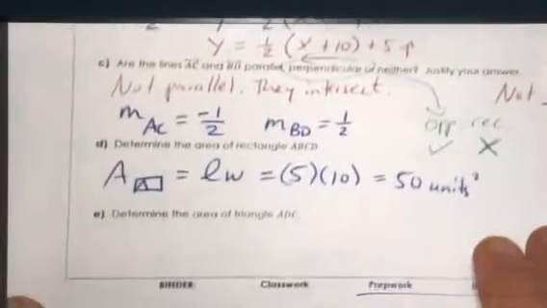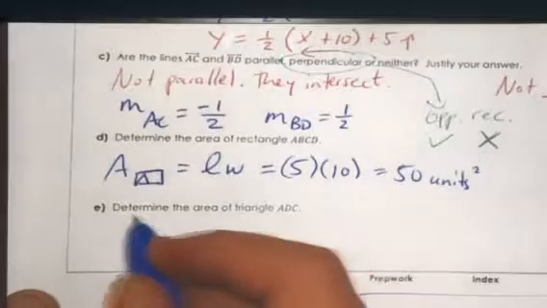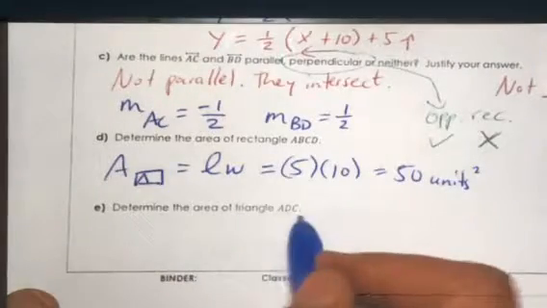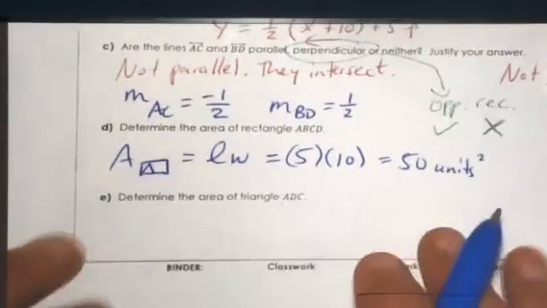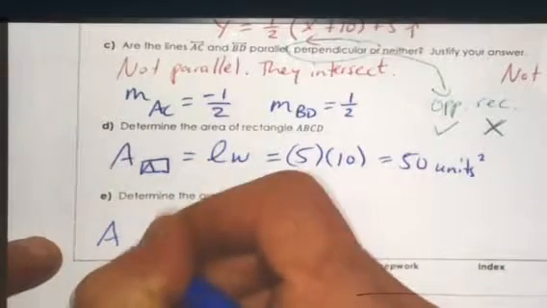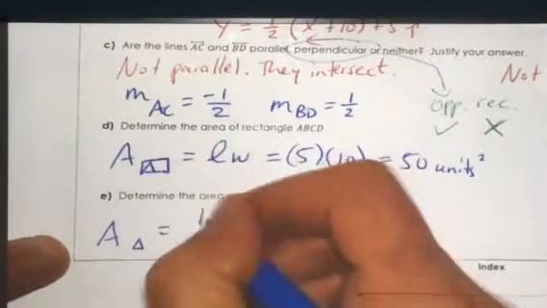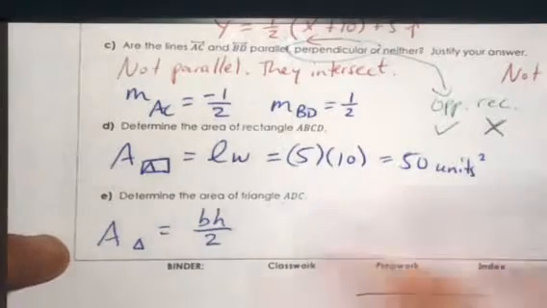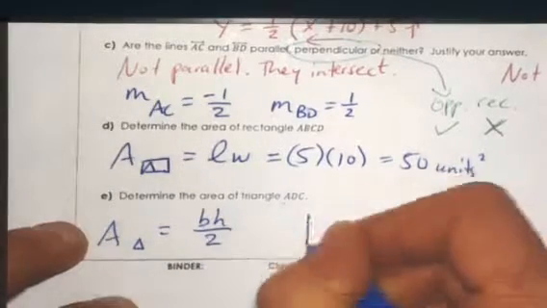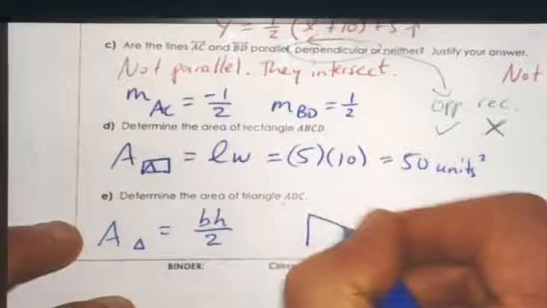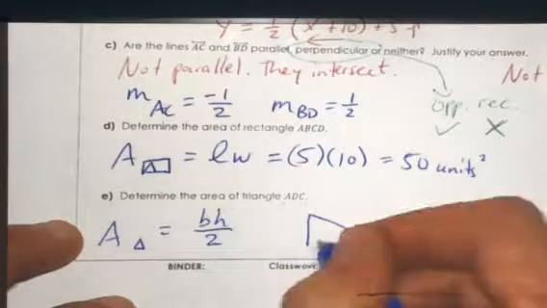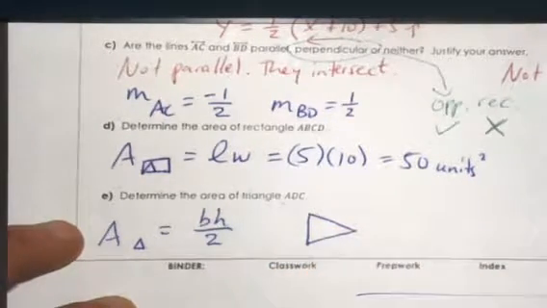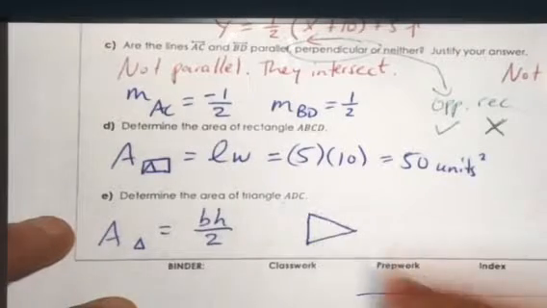Then finally, the area of triangle ADC. So this one is tricky. This is base times height divided by 2. So if we look at triangle ADC, it looks something like this.